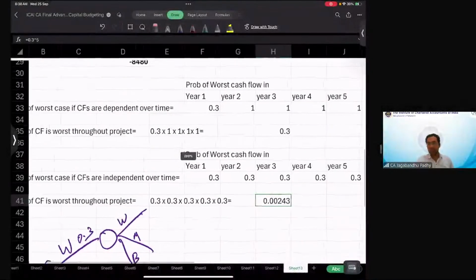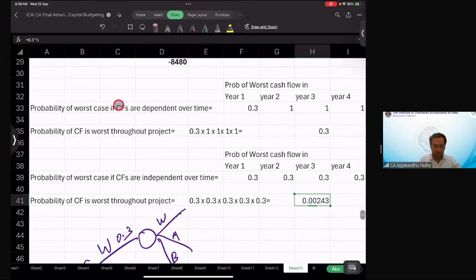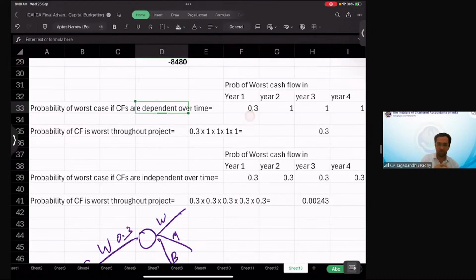Savita, when the cash flows are dependent, the wording is dependent. So when you say dependent, your cash flow is dependent on the previous cash flow. So if in year one you have a worst situation, in the subsequent years it is 100% sure that the cash flows are going to be worst. That is what we mean by dependent cash flows.